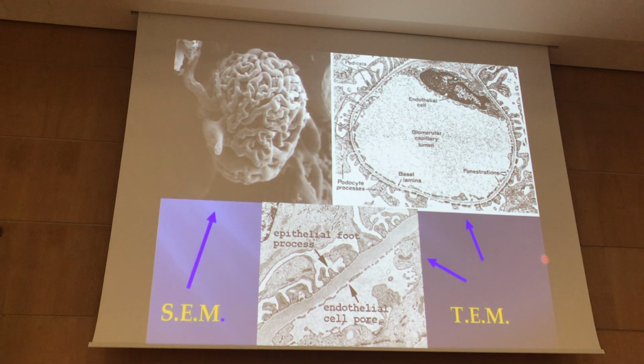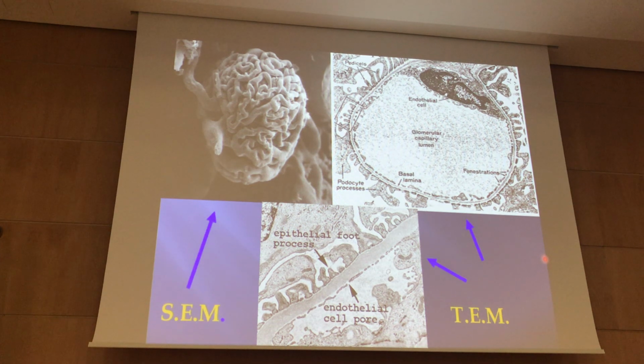So they are forming foot processes, right? So foot processes are giving space in between so that the fluid can easily pass through. You know that kidney is really very important to get rid of the toxic materials. So all the time it is doing its work.